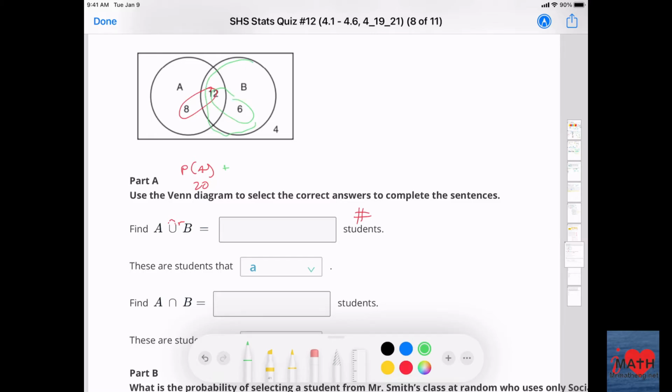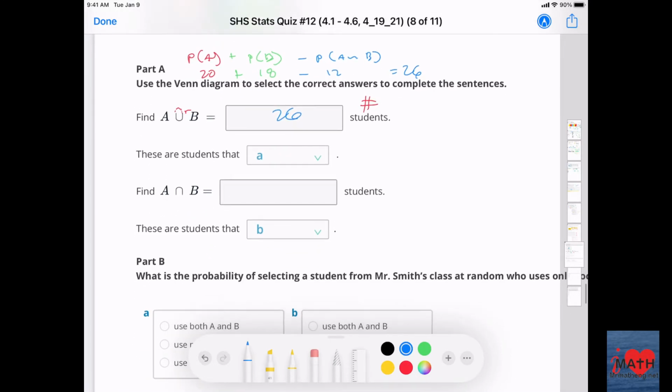So it's 12 plus 6. And then, of course, you would subtract their intersection in there, because you're double counting those 12 students. So that would give you 38 minus 12 would give you 26 is your answer.